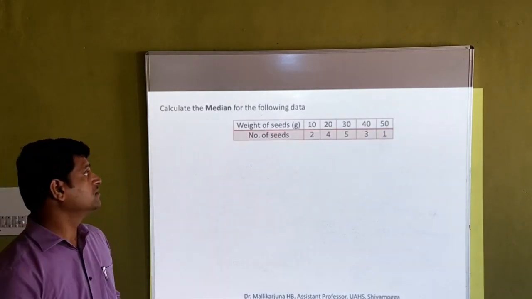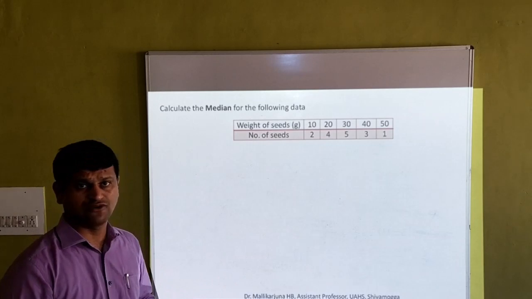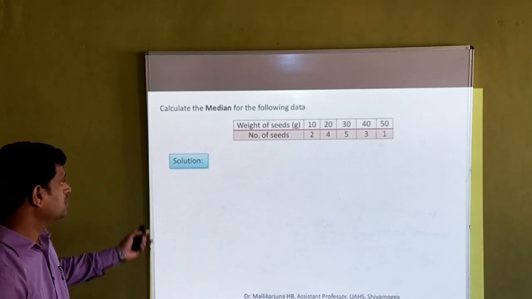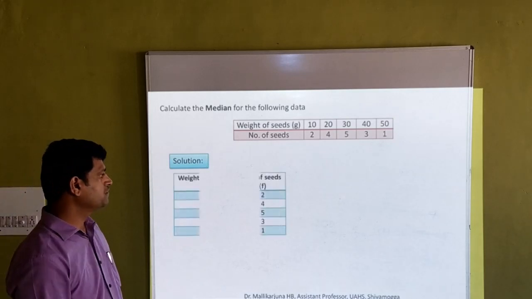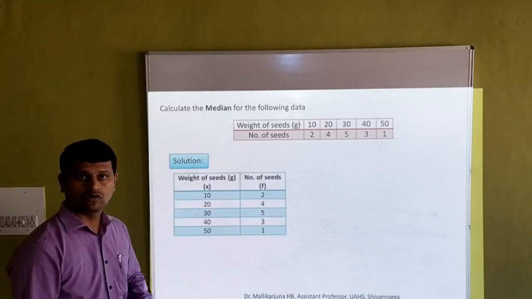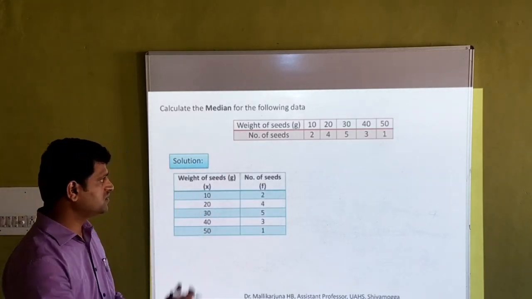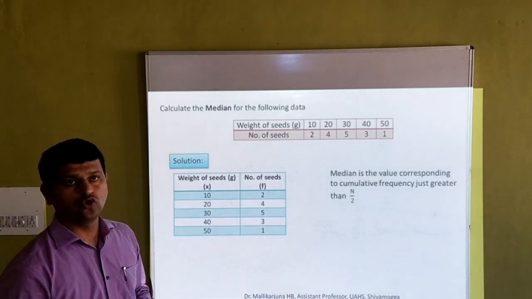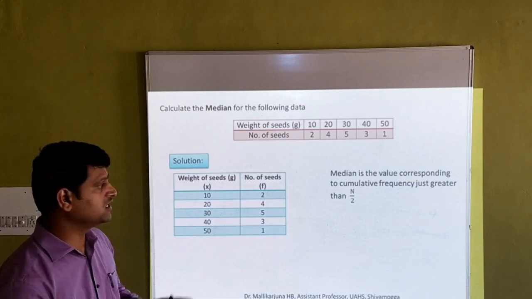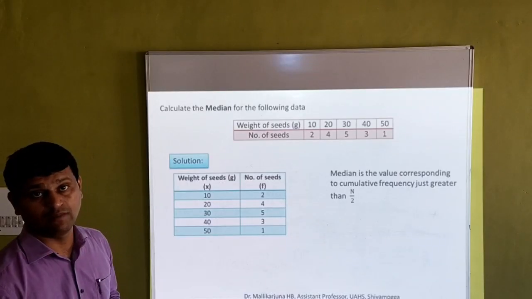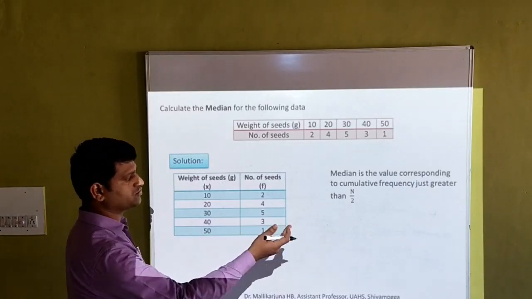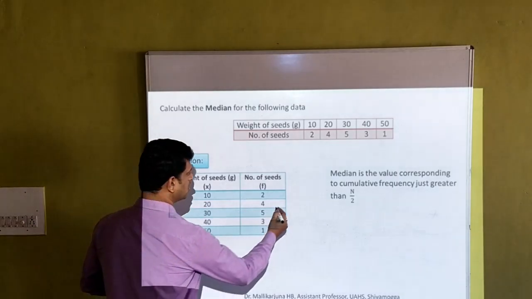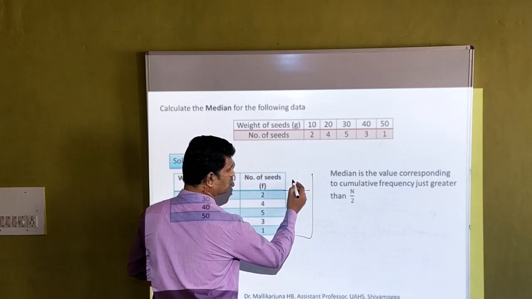Calculate the median for the following data. For the same data, to save time, I made column-wise data. Here median is the value corresponding to cumulative frequency just greater than N by 2. We have to calculate the less than cumulative frequency.